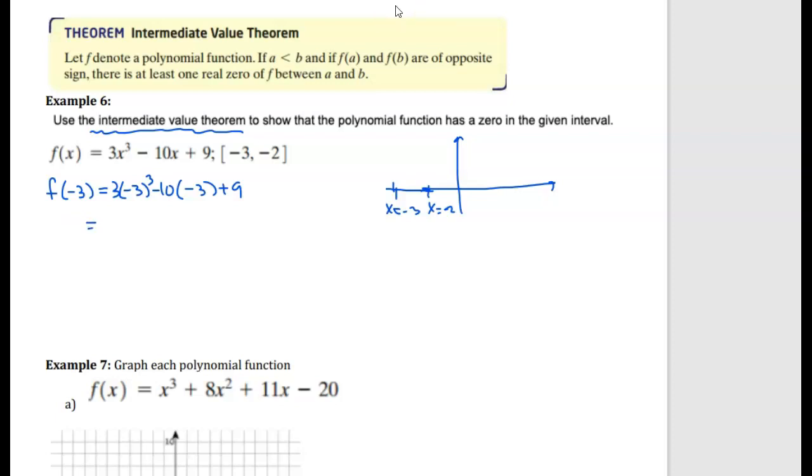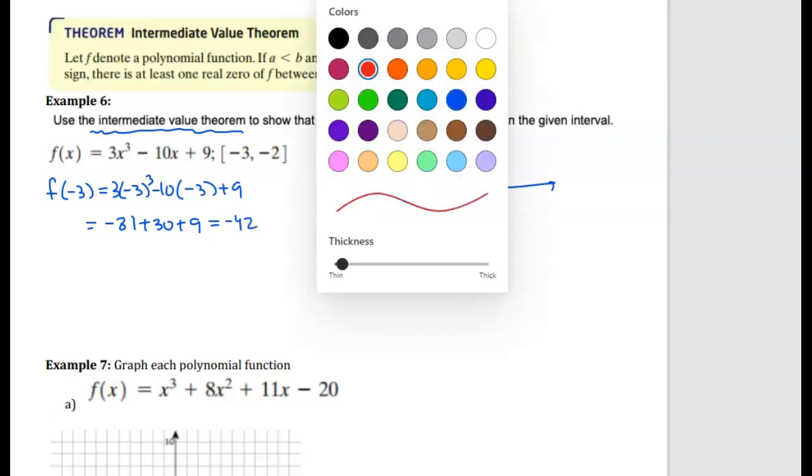So 3 times negative 27 is negative 81 plus 30 plus 9. Negative 51 plus 9 gives me negative 42. Alright, so f at negative 3 is negative 42.